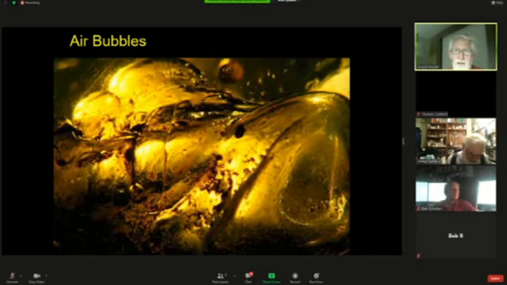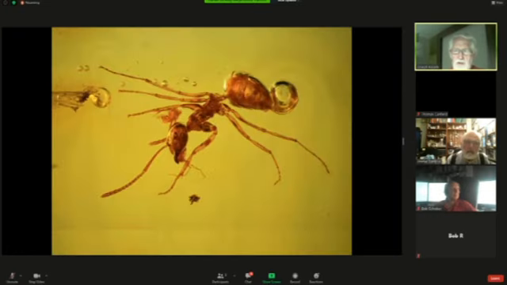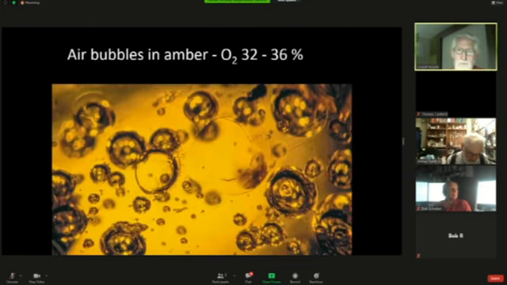Remarkably beyond belief are air bubbles trapped in amber. So how did that happen if these things are just from trees standing up? Well, some of the evolutionists try to explain away some of these bubbles as saying those are a result of gas from decomposition of these animals forming the bubbles in the amber. But here we have, where that's not even a possibility, multiple bubbles in an amber specimen with no animals.